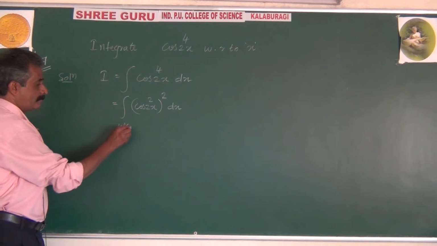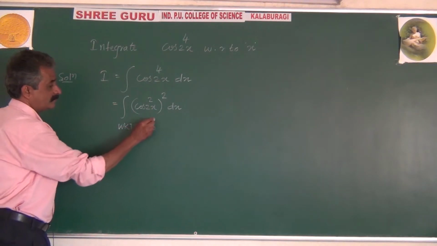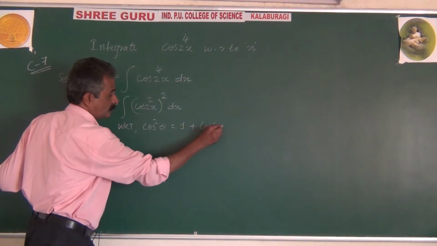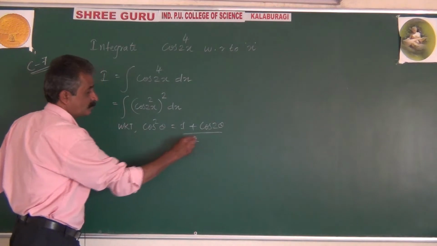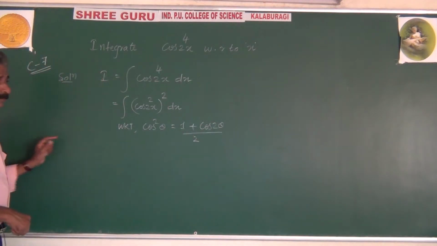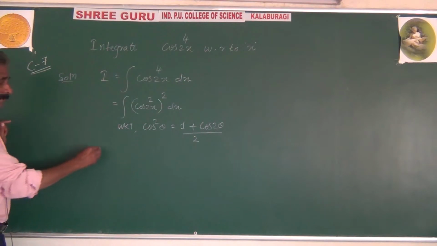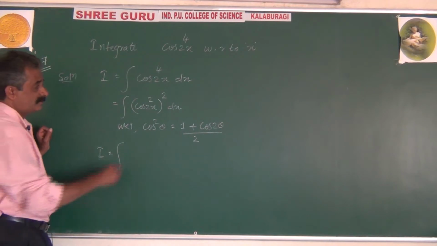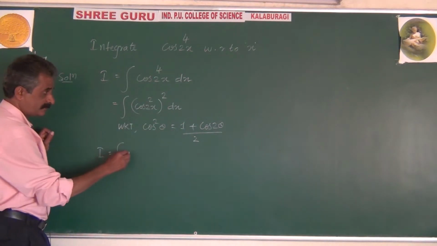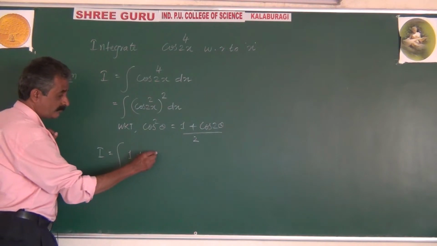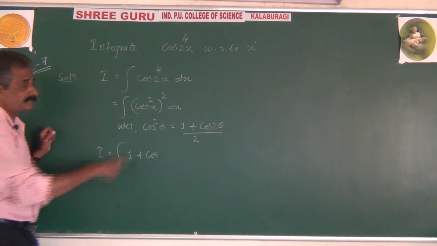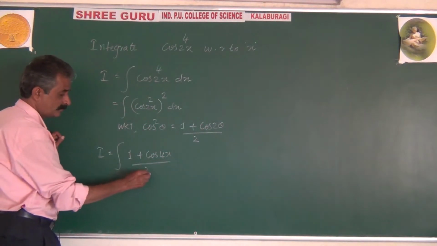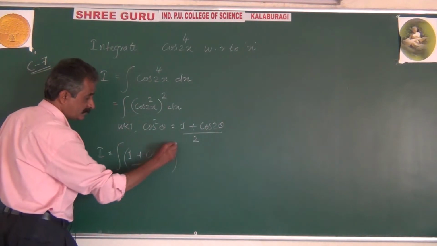We know that cos square theta equals 1 plus cos of 2 theta, whole divided by 2. This formula is the one that is helpful now. So now I becomes the integration of, for cos square 2x, we can write 1 plus cos of 2 into 2x, becomes 4x, by 2, and all that complete square.